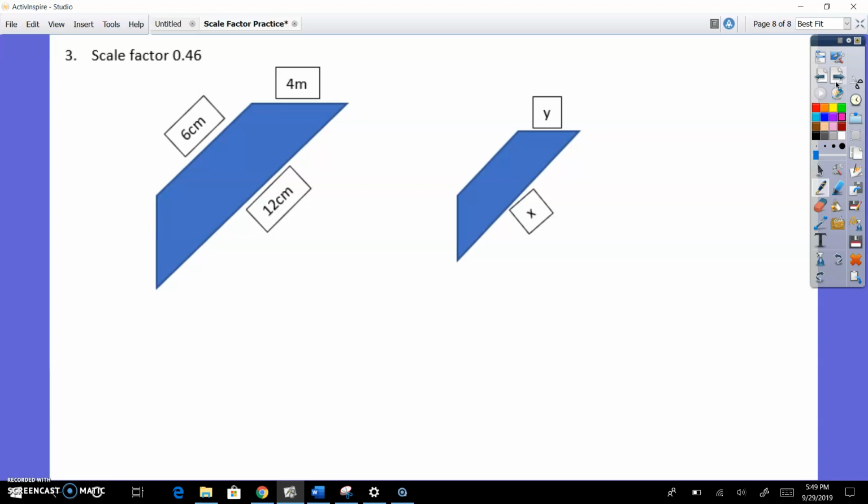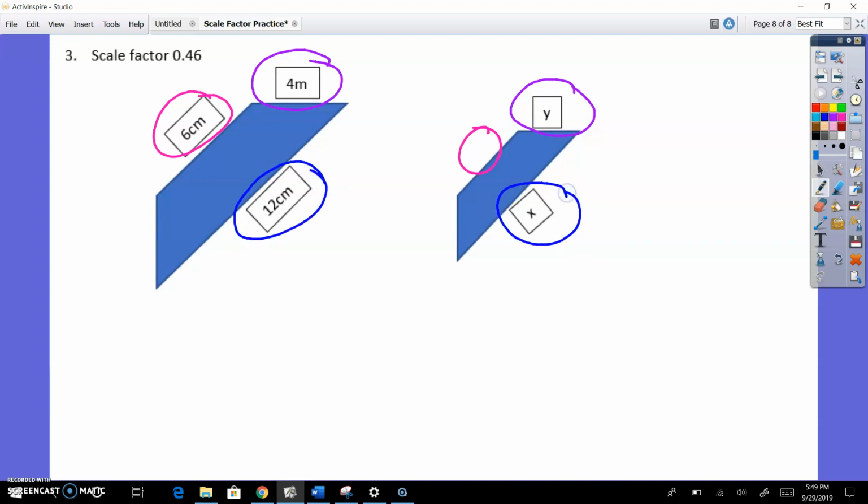Okay. So this corresponded with nothing over here. This corresponded with this. This corresponded with this. So when we're given scale factor, we're just multiplying. So since I'm already in blue, 12 times my scale factor, 12 times 0.46 gives me 5.52.